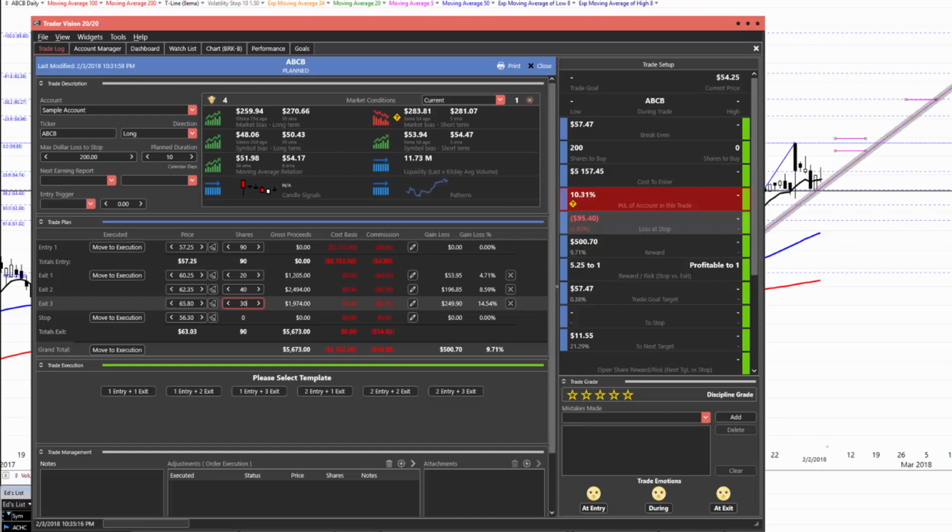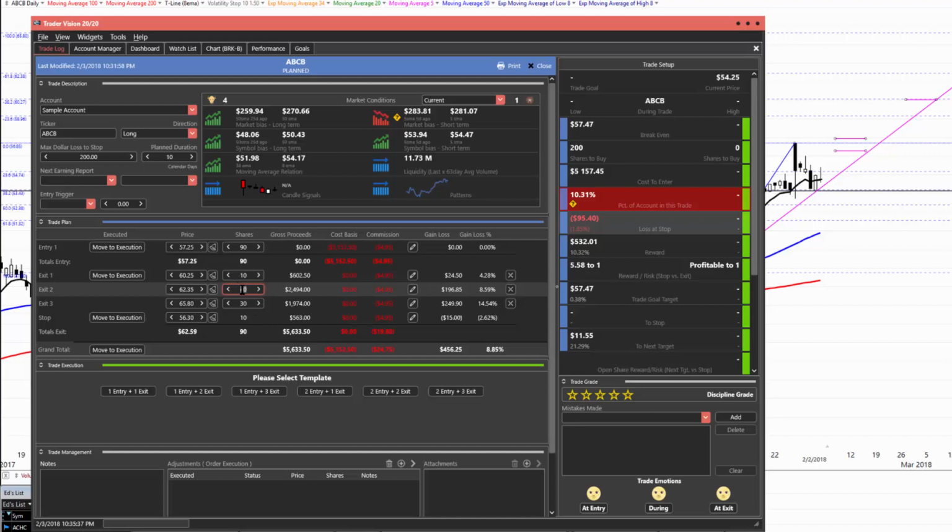We can play with it some more. We could reduce this even further. Take it down to 10 shares here. And maybe make this 45 and make this 35. What does that do for us?